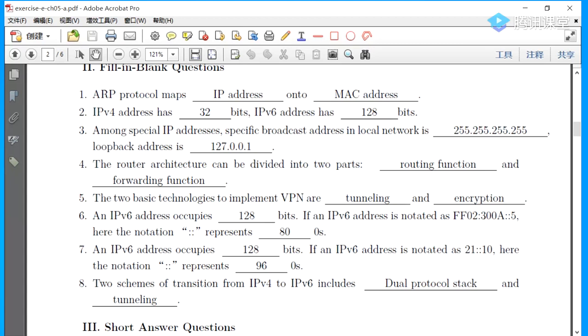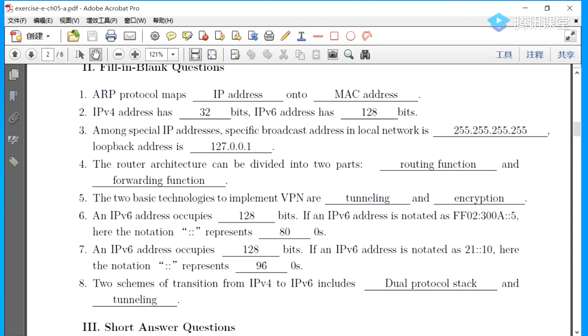Question 4. The router architecture can be divided into two parts, routing function and forwarding function. Question 5.